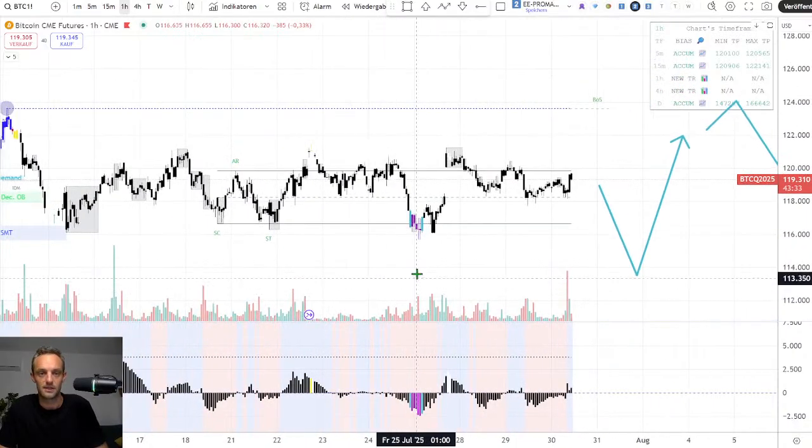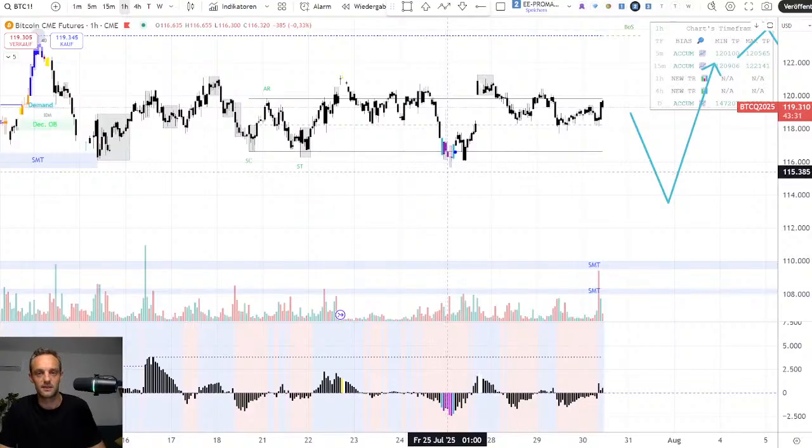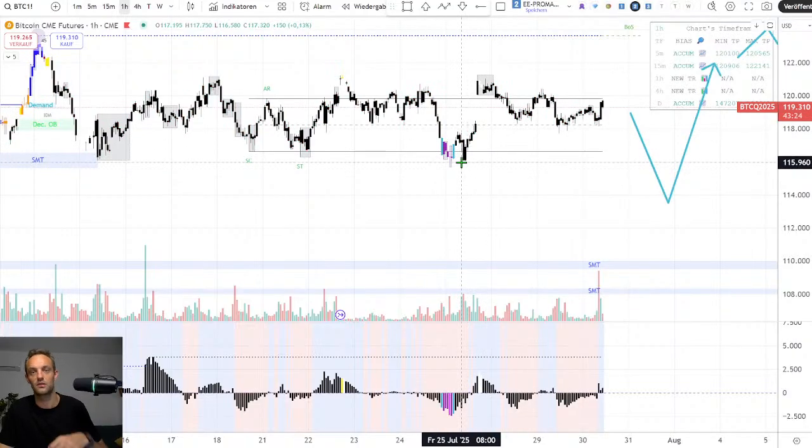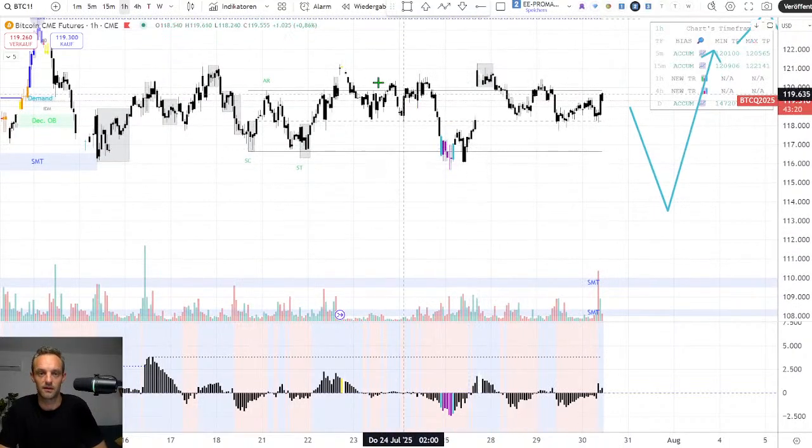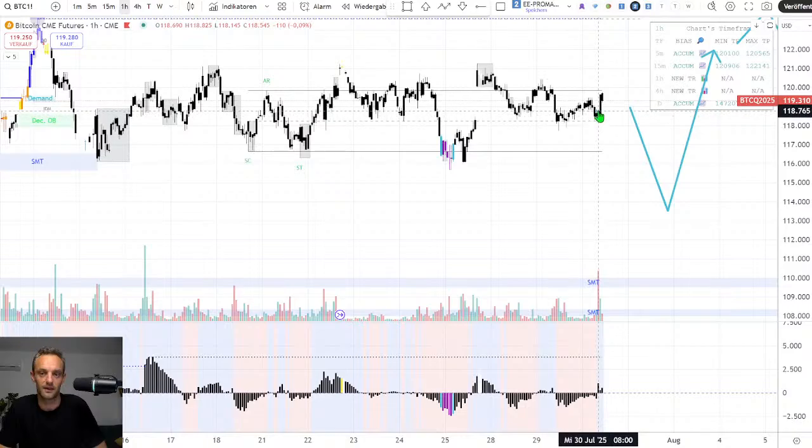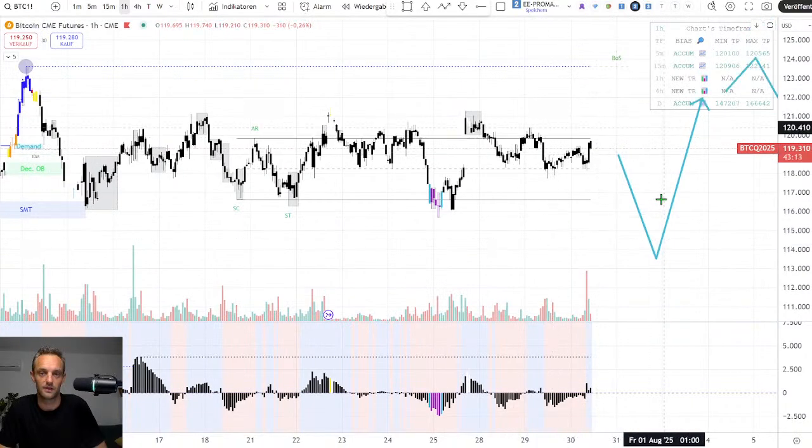Here we also see that we had some activity at the lower end of this range. They failed to continue to the downside. Again, a break to the upside, to the upper side of this range. And yeah, it looks like we will get this scenario.